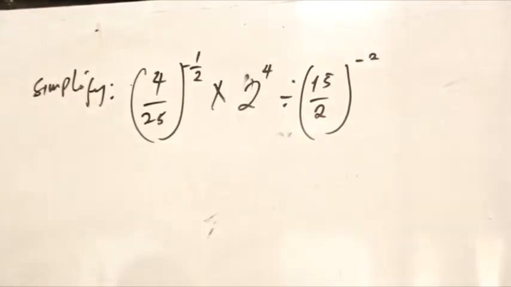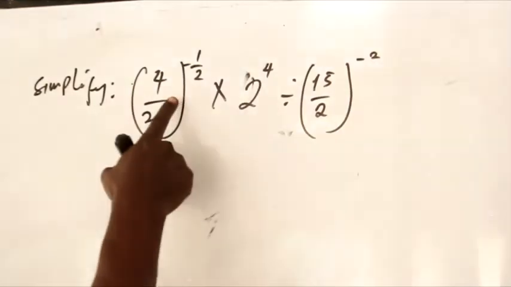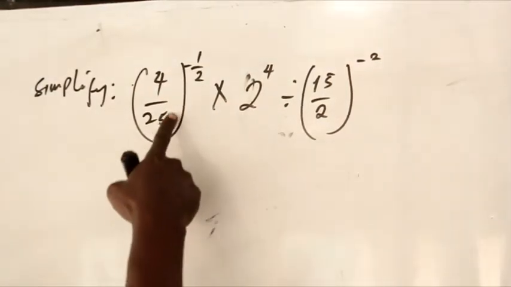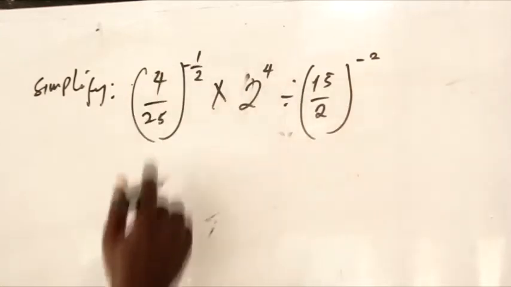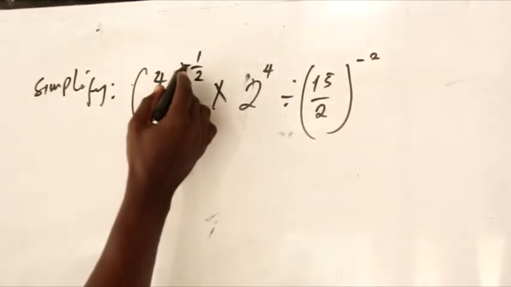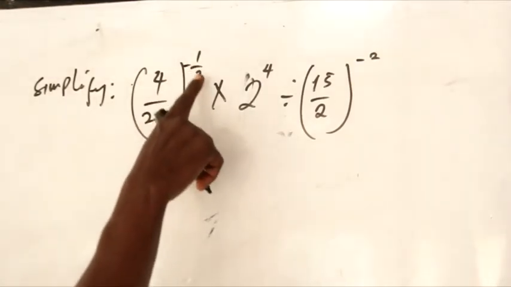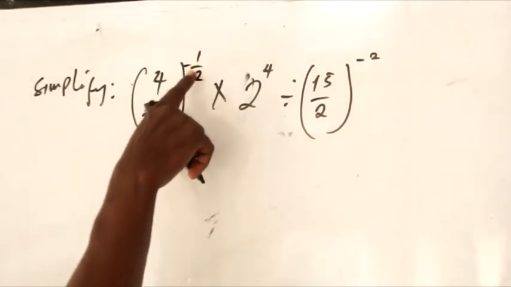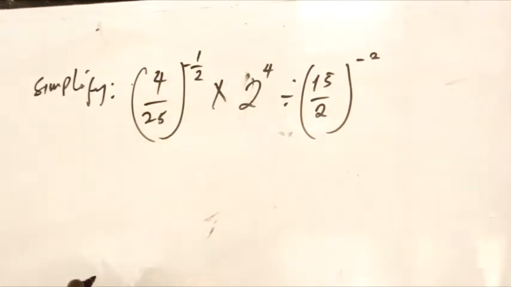Alright, the problem on the board is again a problem that has to do with indices, and we need to apply more than one law to solve it. First of all, let's use the fractional law to deal with these ones that have powers. Now this is a negative index, so let's first treat the minus by taking the reciprocal of 4 upon 25.